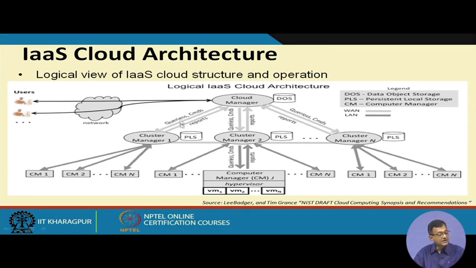At the cloud manager end we have the data object storage, which is the master database keeping track of things. Then at the lower level we have persistent local storage, that is, storage which does not go away when the VMs are not used or are shut down.